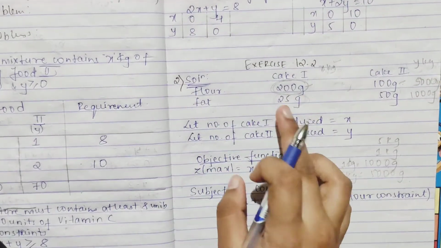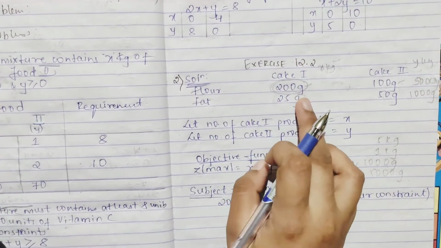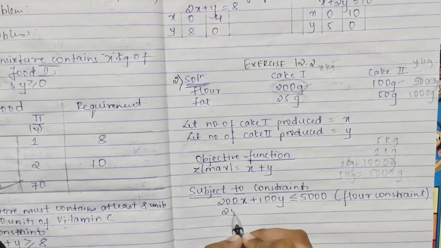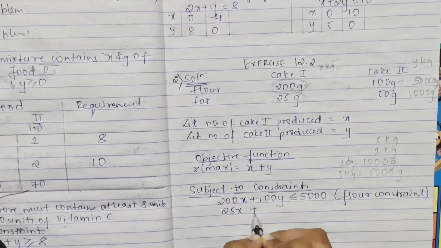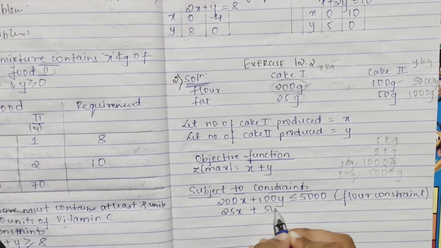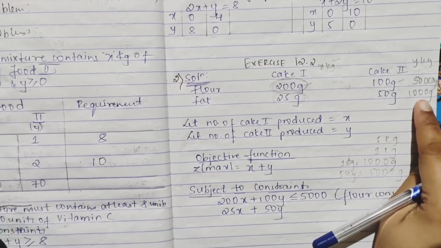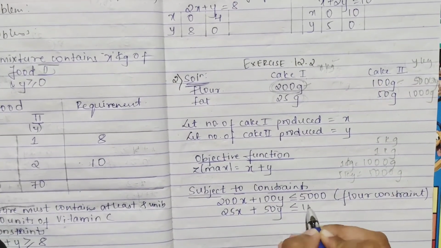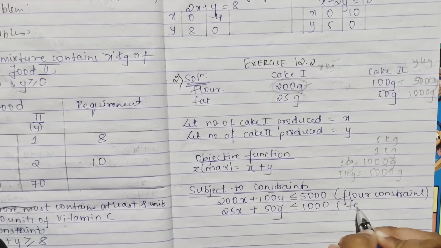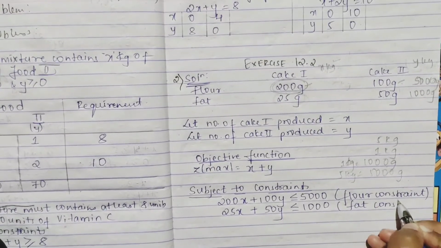Same for fat: this is per gram, 25 grams. So for x kg, how much will it be? 25 into x plus 50 into y, and your fat constraint is how much? 1000. So less than or equal to 1000, and you can write fat constraint.